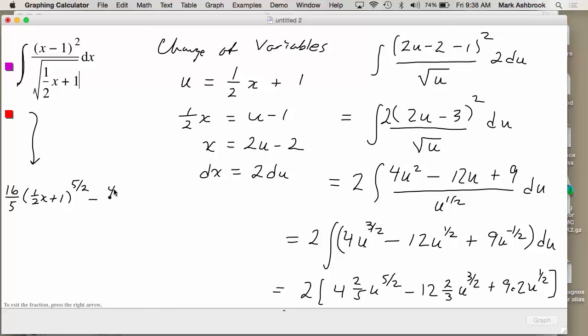Minus 48/3, 1/2 x plus 1 to the 3/2. Looks like the last one is plus 36, 1/2 x plus 1 to the 1/2. Check my math, make sure you agree. Plus c.